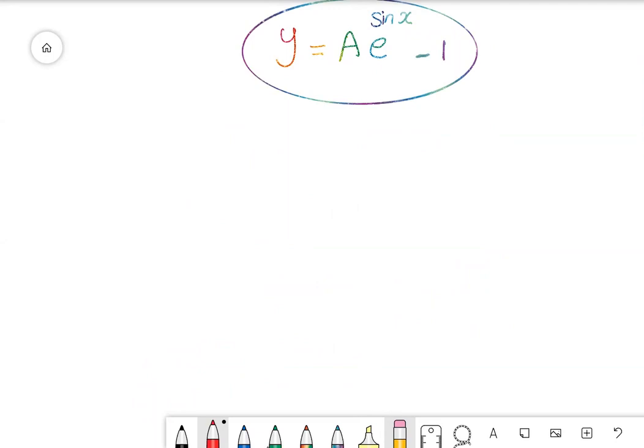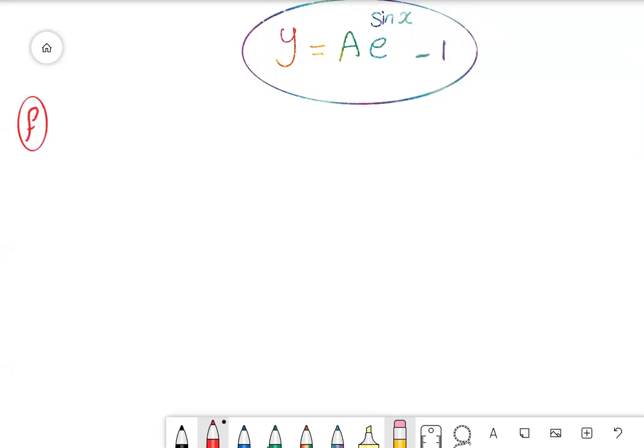Okay, guys, I will do question 1F. The question is to find the general solution. This is F here.